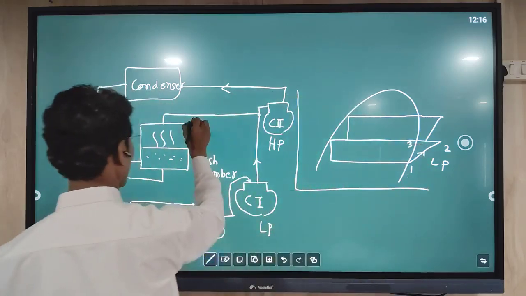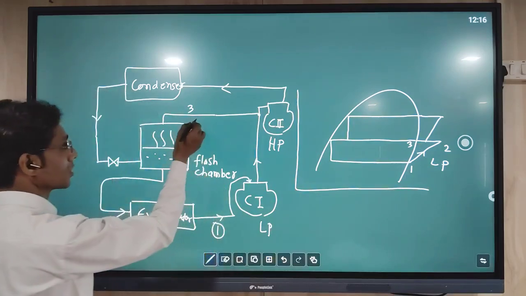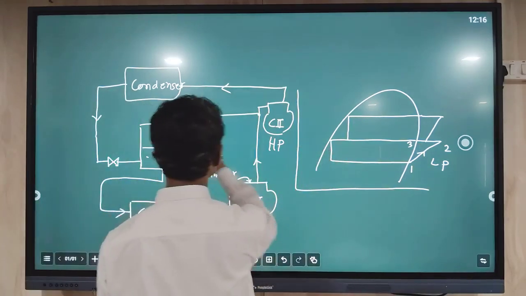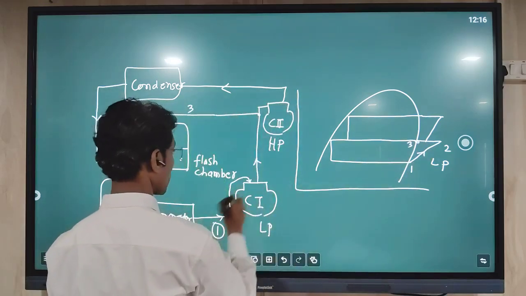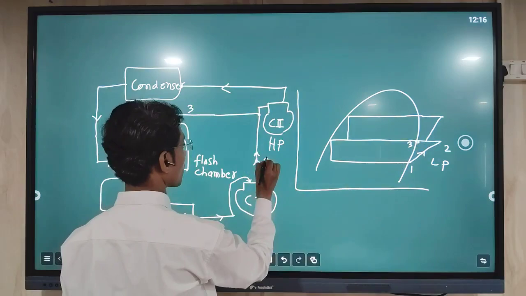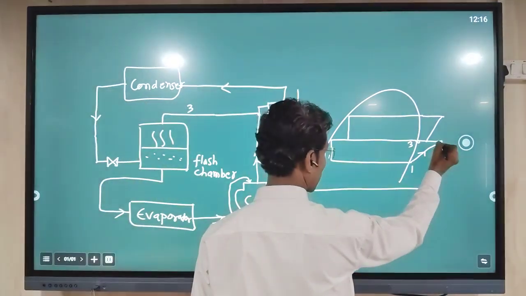Now, point number 3 is the vapor coming out of the flash chamber. This will be in a saturated condition. The vapor which is coming out of the first compressor will be superheated vapor.